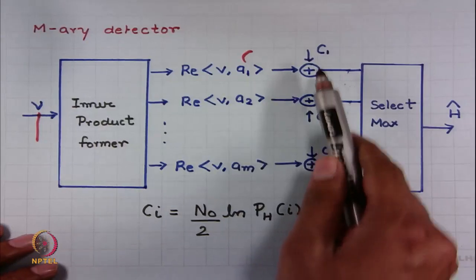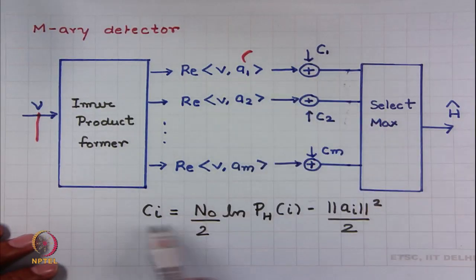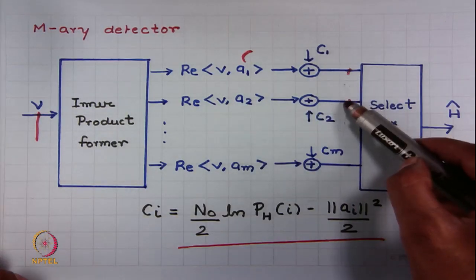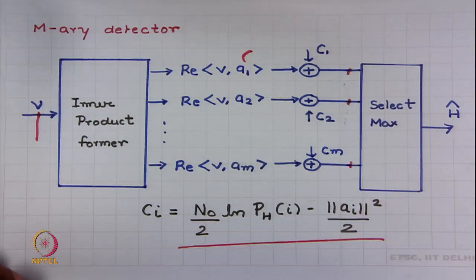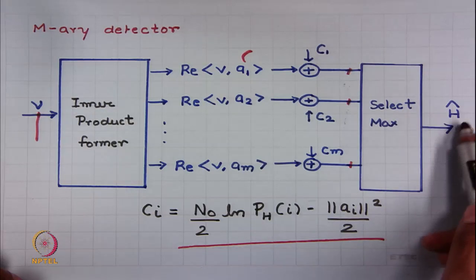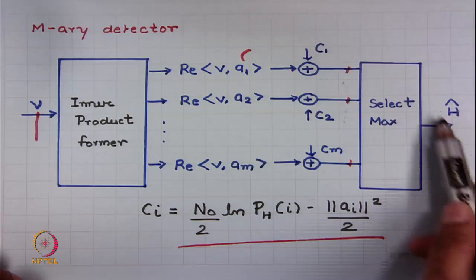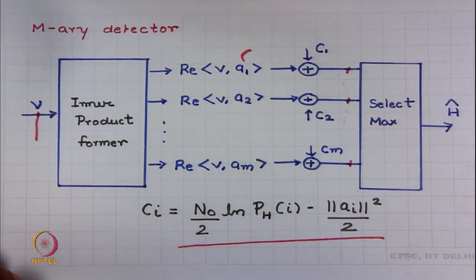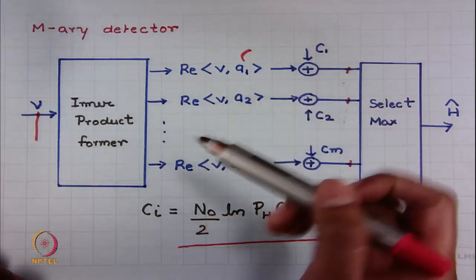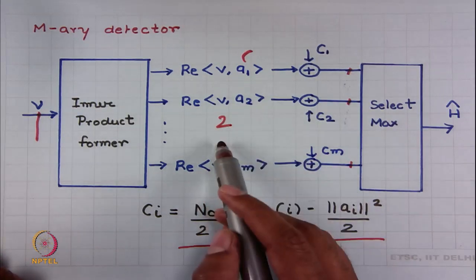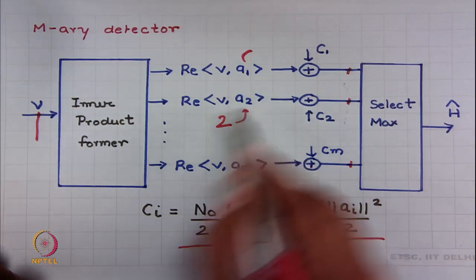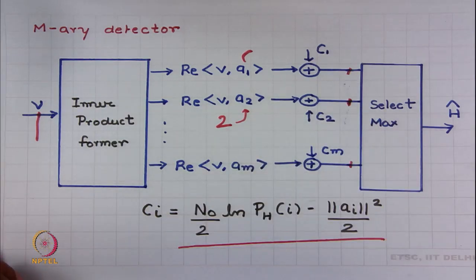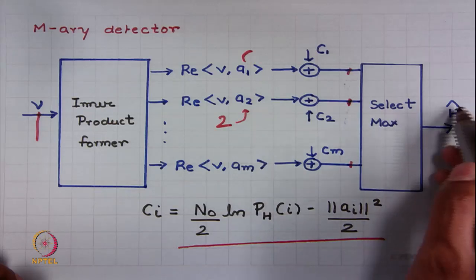So, it adds C1, where Ci in general is this, and based on the outcome at this point it can decide on the possible transmitted hypothesis. The possible transmitted hypothesis is the one which has the maximum resultant here. For example, if for the second hypothesis I am transmitting a signal A2 and this branch has the highest outcome, then my predicted value of the hypothesis will be 2.